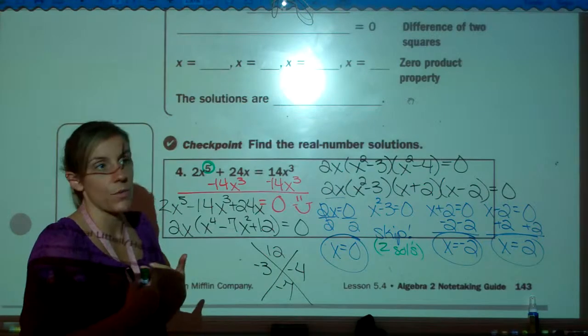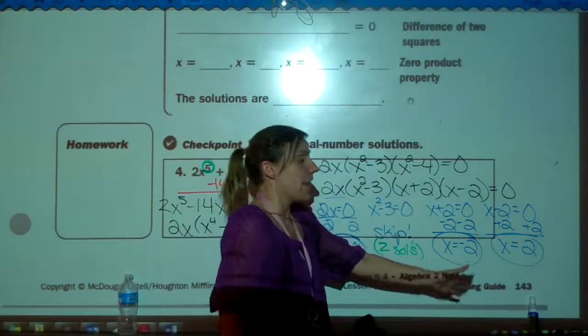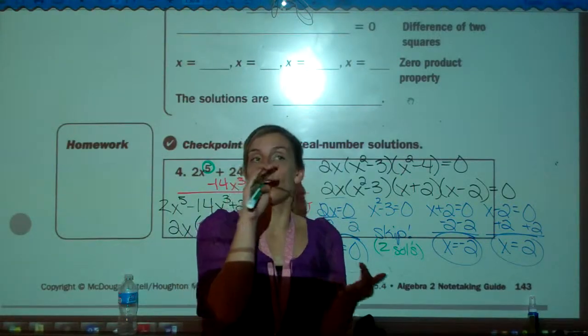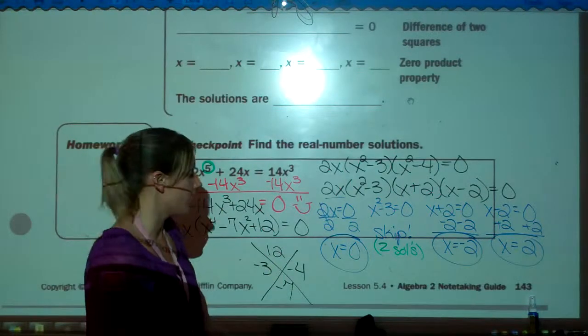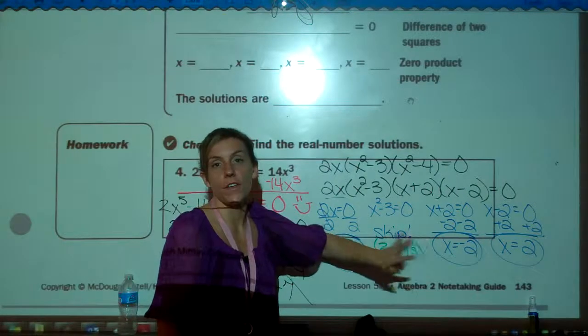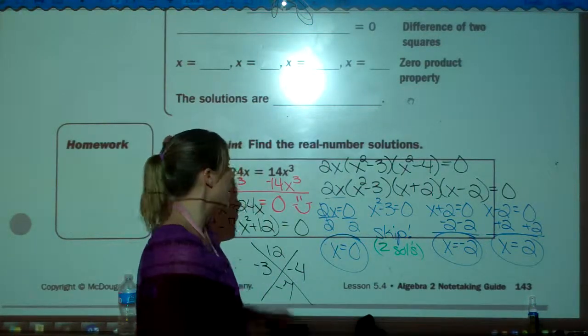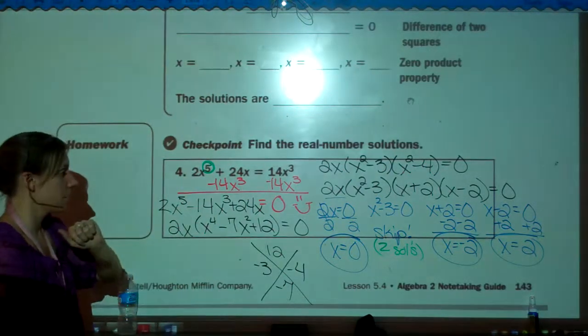All I care about is what I call the real and rational. I can just get real numbers, and they're either fractions or whole numbers. That's what we're going for right now. So we're taking it from factoring into solving, and however many solutions we get should match up with your highest exponent.